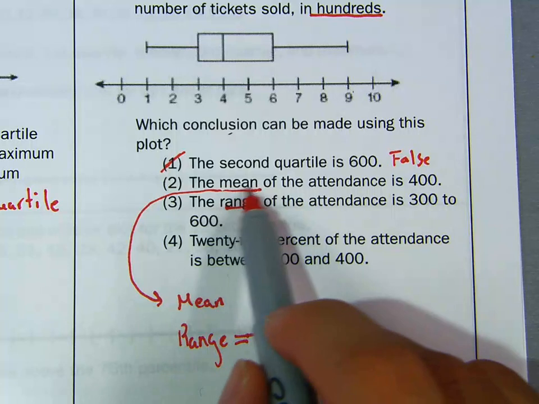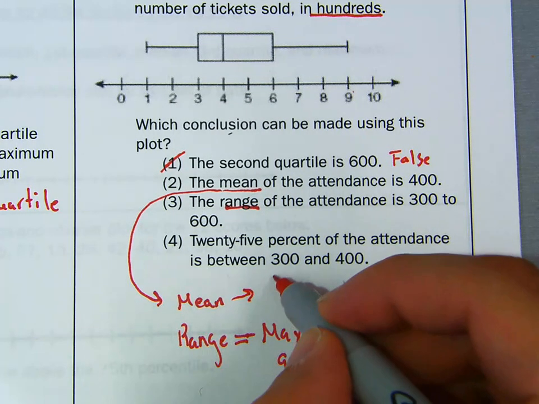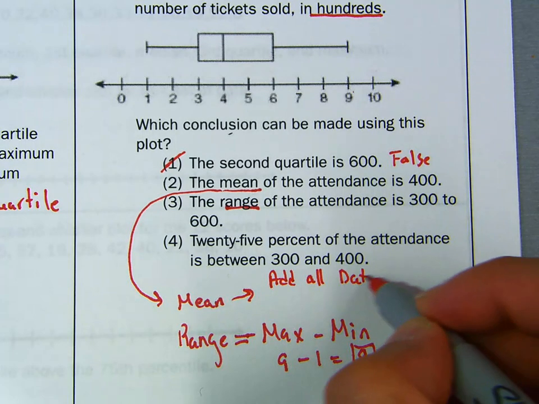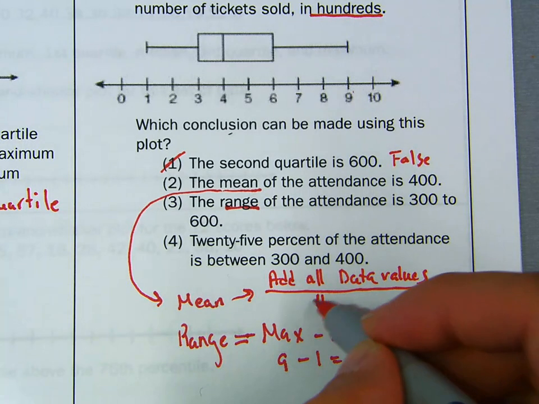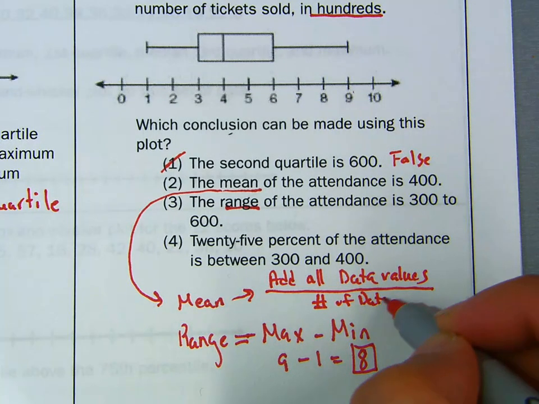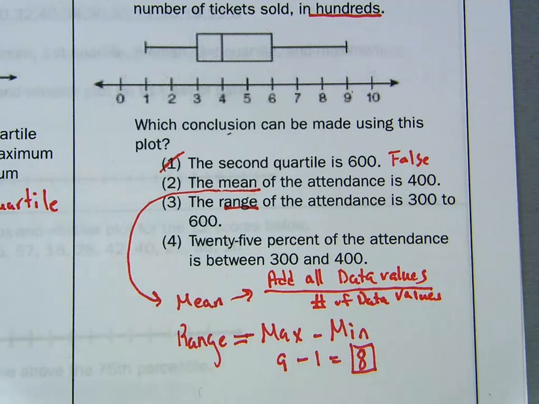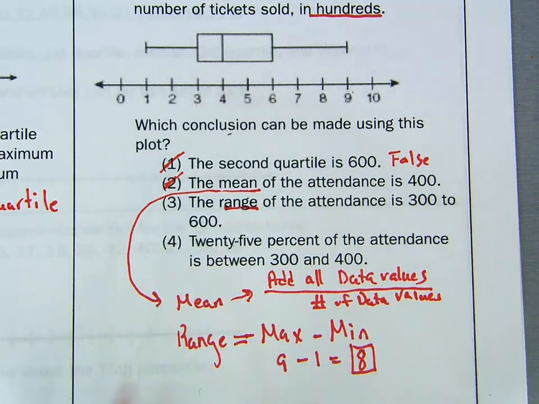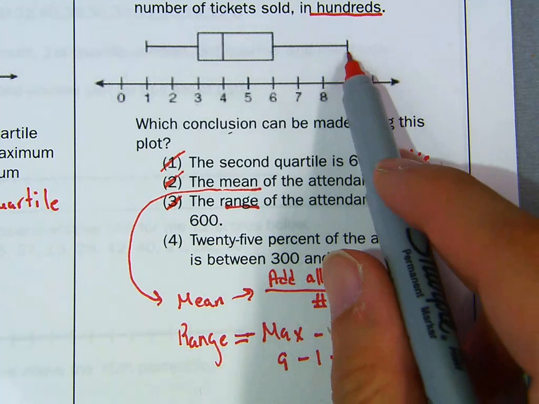We don't know that, because to find the mean, remember you have to add all the data values and divide by the number of data values. We're not doing that. We can't really find the mean within a box and whisker plot, so this one's not true. The range of the attendance is between 300 and 600. That is false because the range is between the max and the min.